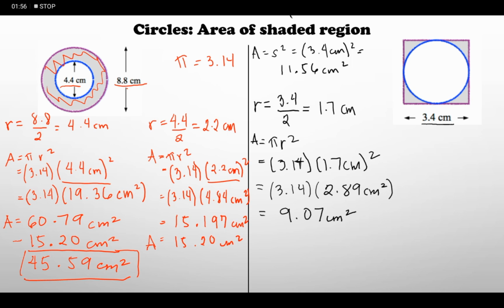So we are now going to subtract the area of the square, which is 11.56 cm square, minus the area of the circle, which is 9.07 cm square, and that is equivalent to 2.49 cm square.